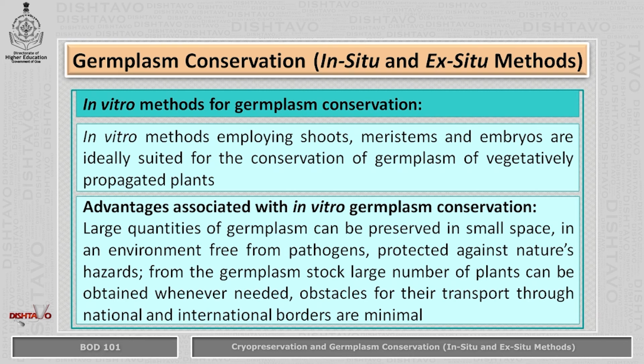Large quantities of germplasm can be preserved in small space in an environment free from pathogens, protected against nature's hazards. From the germplasm stock, large number of plants can be obtained whenever needed. Obstacles for their transport through national and international borders are minimal, since the germplasm is maintained under aseptic conditions.